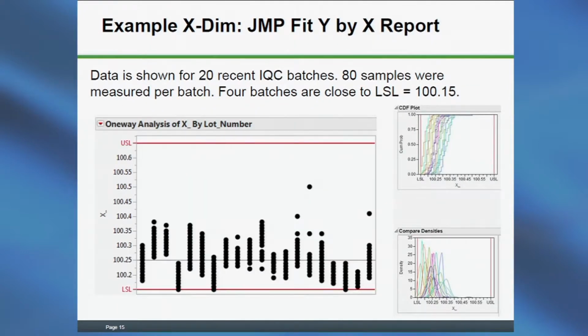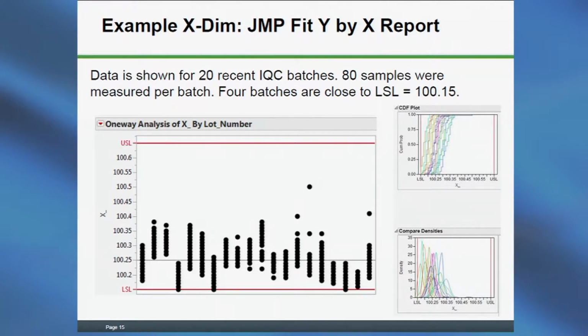Now, here's actual data from the most recent 20 batches. Each one of those vertical lines represents 80 measurement data points. You can see that 4 samples are close to the lower spec limit of 100.15. On the right-hand side, this is displayed in JMP using the Fit Y by X platform.